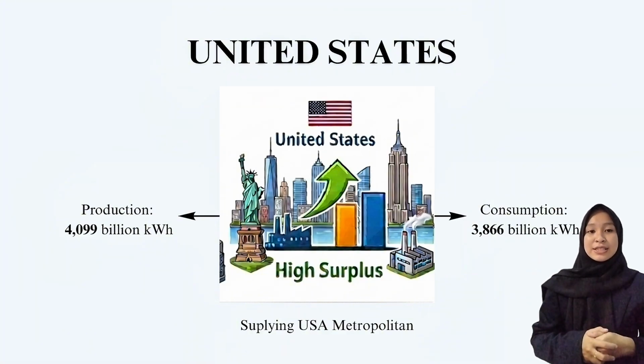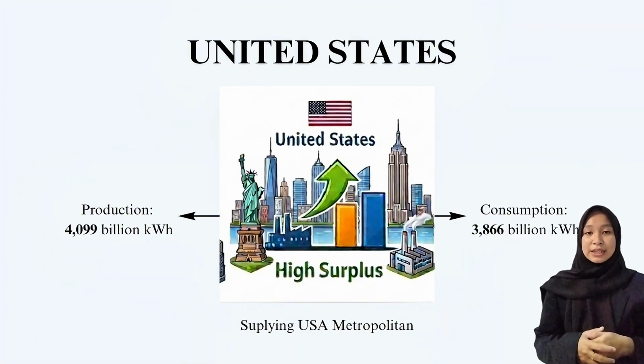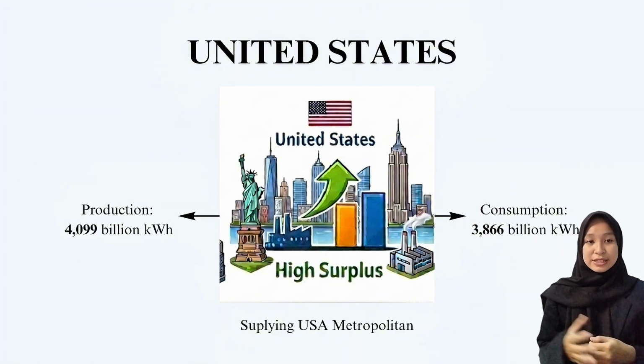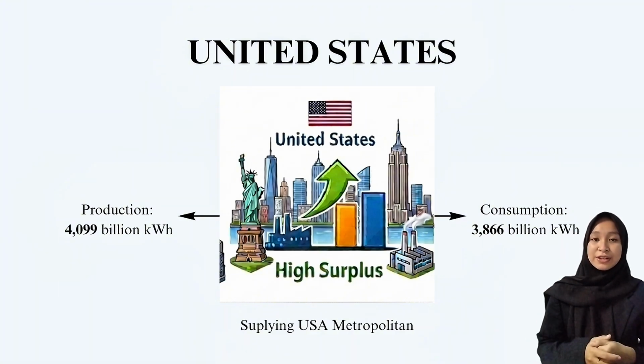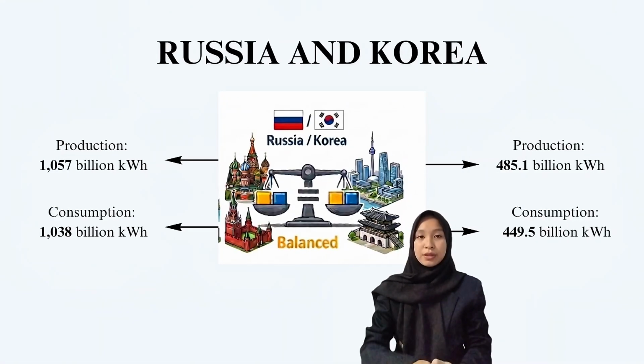Consequently, the United States records a production surplus of approximately 233 billion kilowatt hours. Furthermore, the upward green arrow symbolizes a strong electricity surplus and positive energy condition. Therefore, the data suggests that the United States possesses an advanced industrial system and strong economic activities.